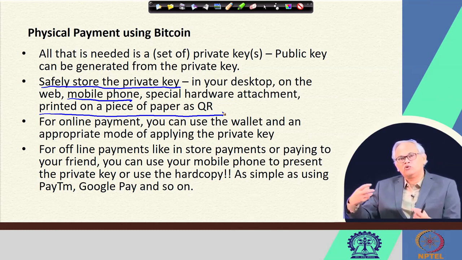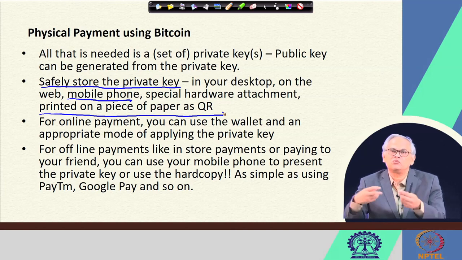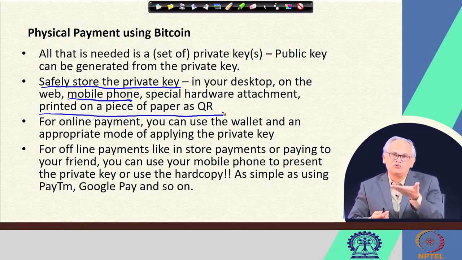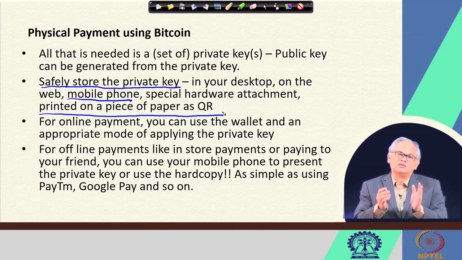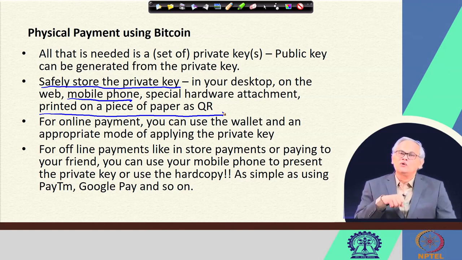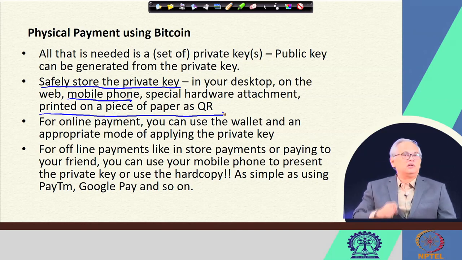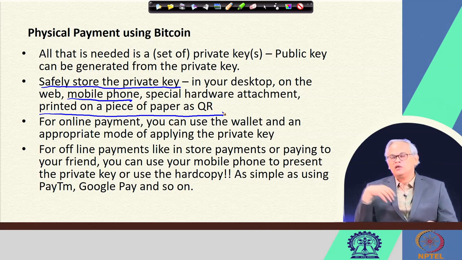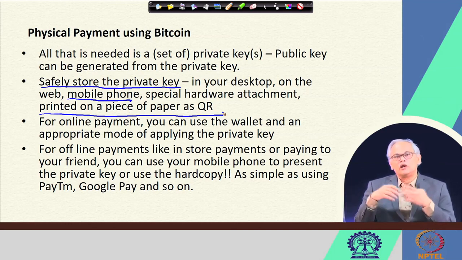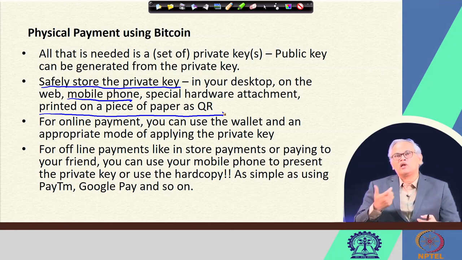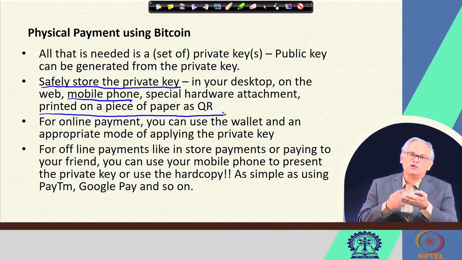You may not be able to attach that physical hardware device to your mobile phone, but what you could do is print your private key as a QR code, and then suppose you go to a physical shop, say a departmental store, and they allow payment by Bitcoin. You get your items, and when you are making the payment, you are carrying your mobile phone with a camera, and you are carrying your QR code on a piece of paper kept in your wallet.